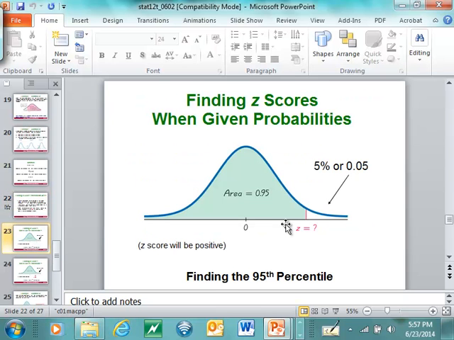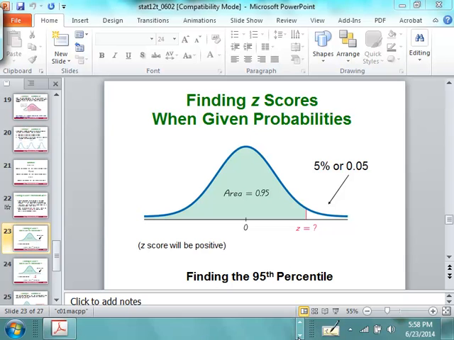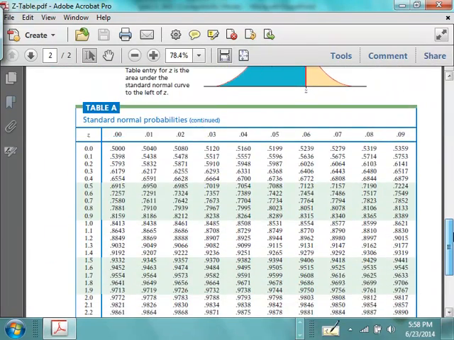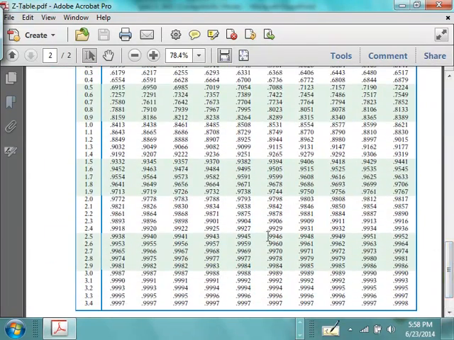Okay? So for example, if we wanted to find the z-score corresponding to the 95th percentile, or 0.95 area under the curve to the left, what do we do? Well, we can pull out a table. So here's my table. And I'm going to go on to the second page here of the Z table, look in the body of it, and find the probability closest to 0.95.